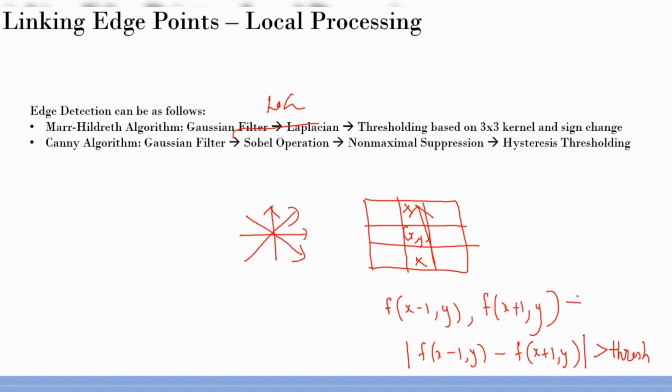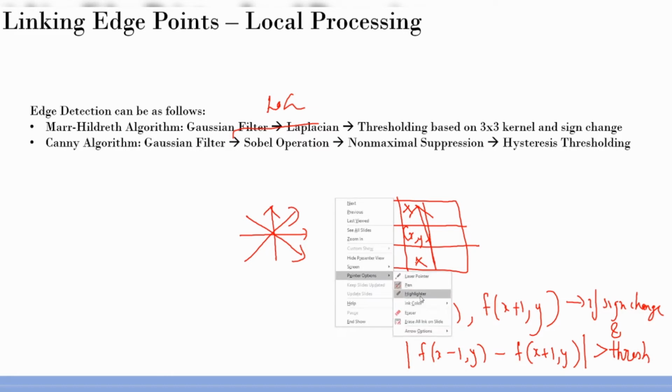If there is a sign change, and if this is also satisfied, then of course you consider that there is an edge in this direction, right? And if that is the case, what you do is make both of them positive, or both equal to 1. Similarly, you consider all four directions, and that's what Marr-Hildreth does.